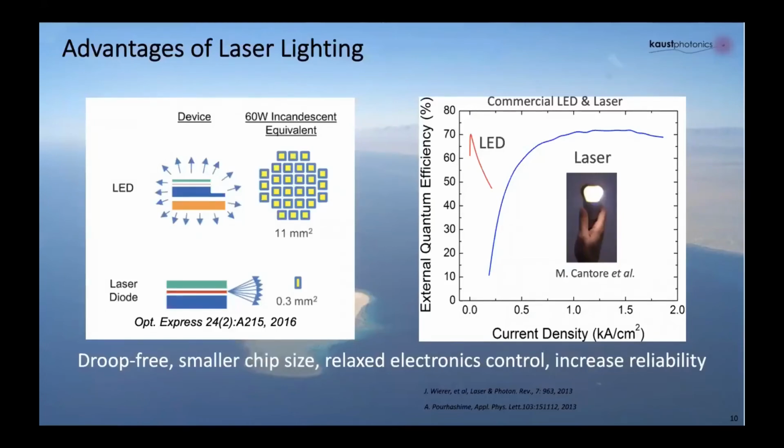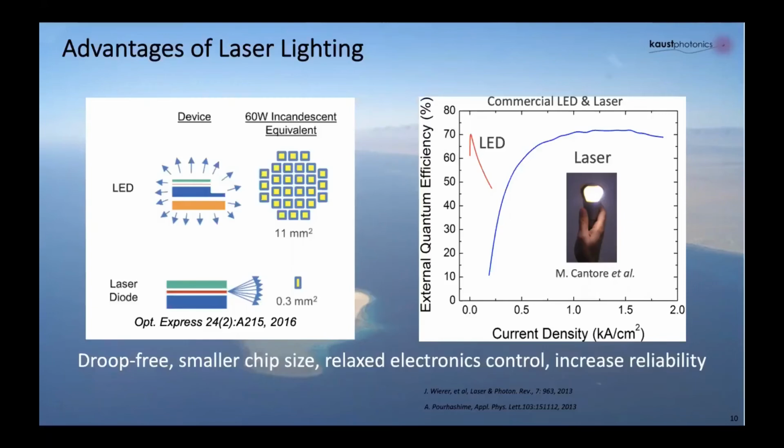Comparing LED lighting and laser lighting, to get a 60 watt equivalent from LEDs, we need a footprint of about 11 square millimeters, because you need multiple LEDs integrated onto a submount to reach such a high lumen output.